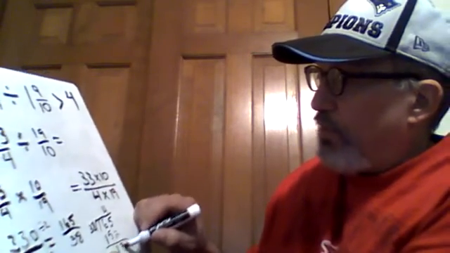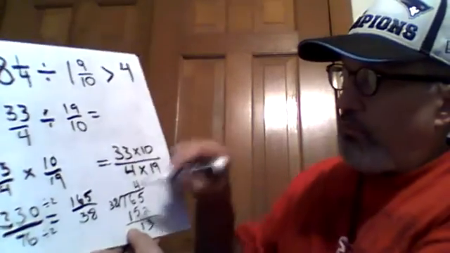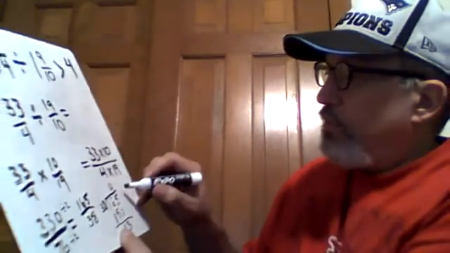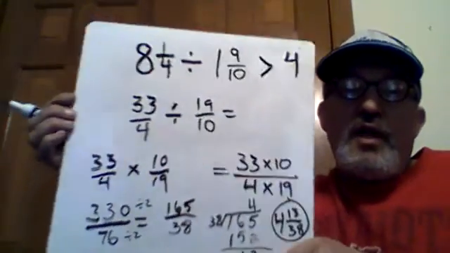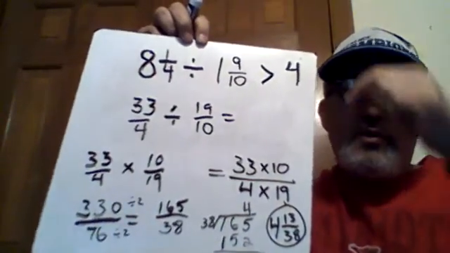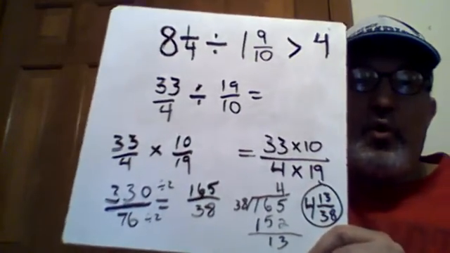Subtracting, we get 13. So the remainder is 13. Quotient divisor is 38. So we have 4 and 13/38ths. We could be confident in that answer. It's reasonable because it corresponds with our estimate that the quotient had to be a little bit more than 4.